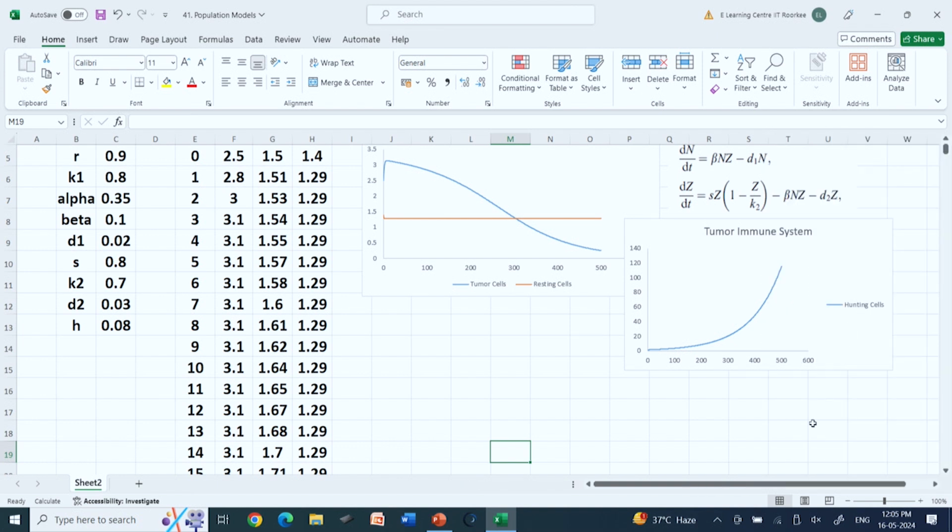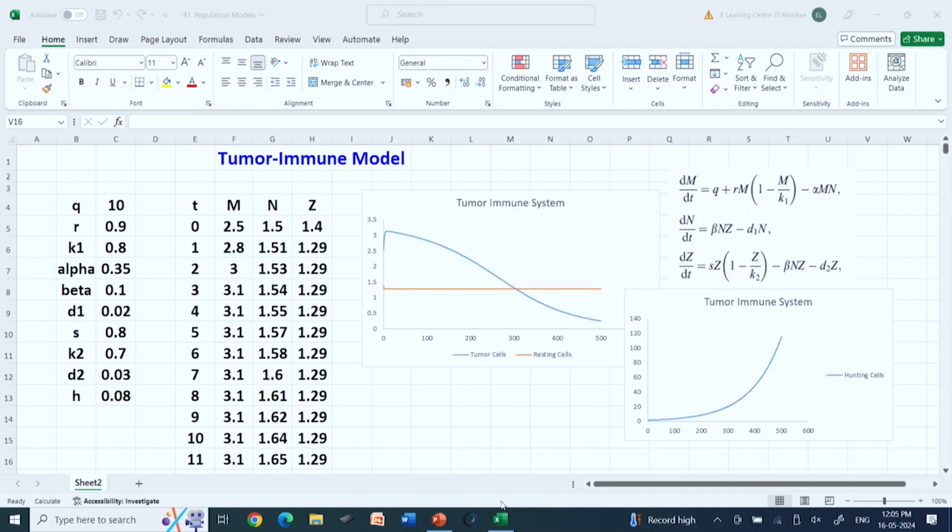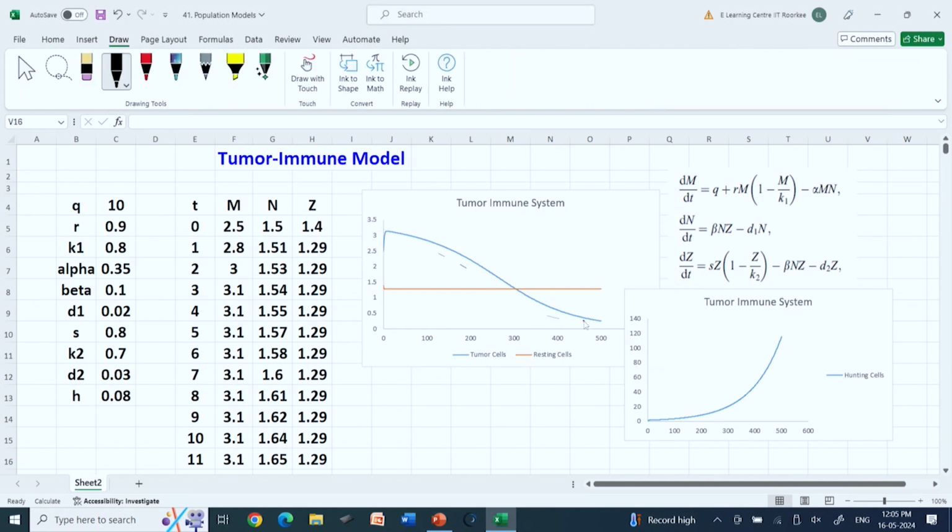Let me now explain this in the context of the model. So, as you can see that here the tumor cell is coming down, there is a small change here with our hunting cells, resting cells, whereas the hunting cells are growing up. This kind of makes sense because this is an interaction between the tumor and the immune system.